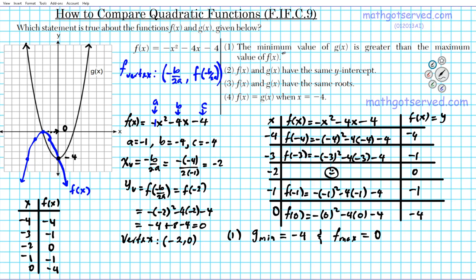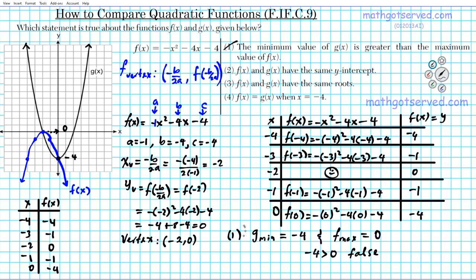So this one says the minimum value of g of x is greater than the maximum value of f of x. So is negative 4 greater than 0? This is false. The minimum value of g of x, we can see, is lower than the peak of f of x. So the minimum value of g of x is not greater, it is actually less. So option 1 is wrong.